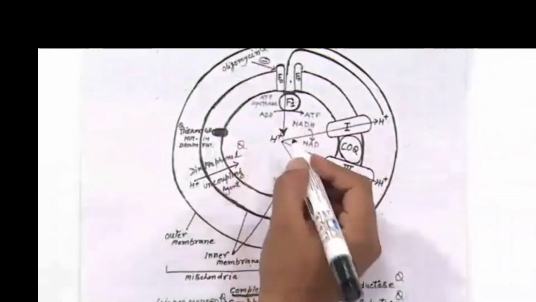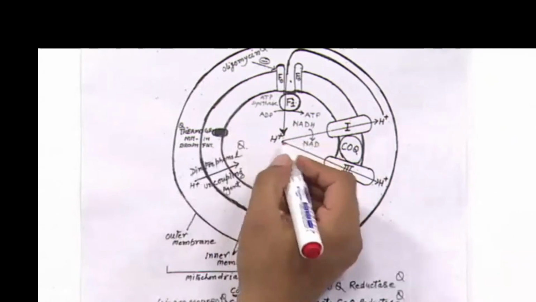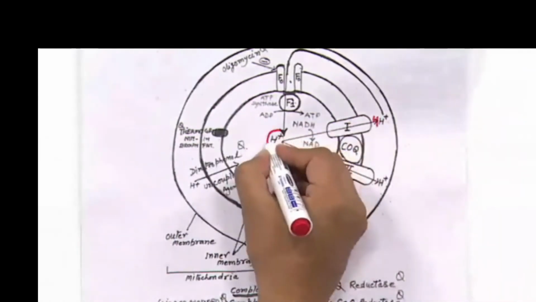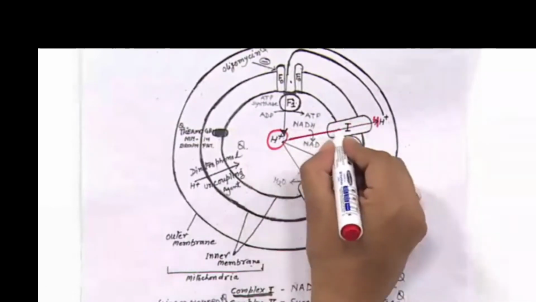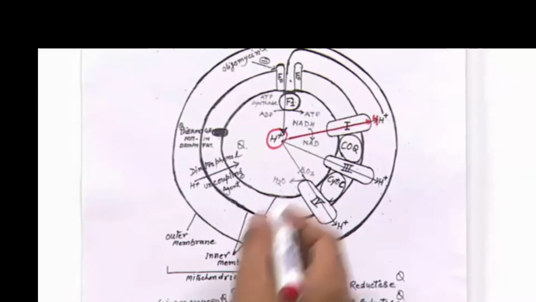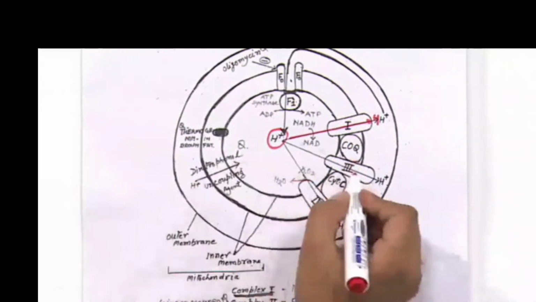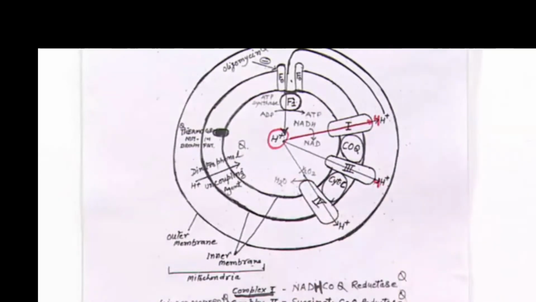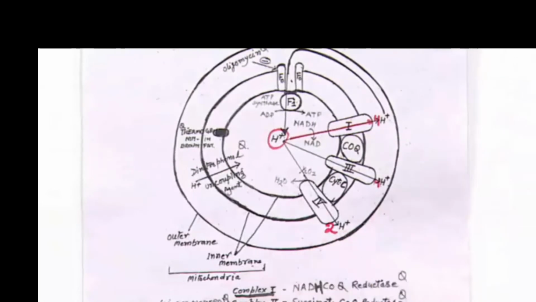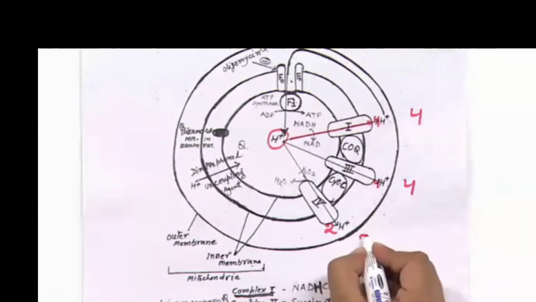Complex 1 translocates 4 H+, or you can say complex 1 transfers 4 H+ ions from the mitochondrial matrix to the intermembranous space. You will write 4. How many H+? 4 H+. Complex third translocates 4 H+, complex 4 translocates 2 H+: 4, 4, 2.